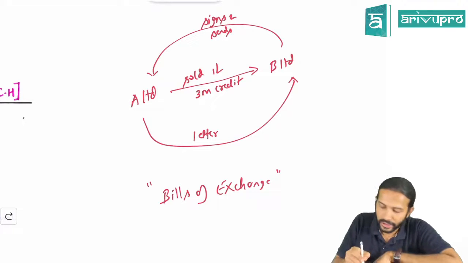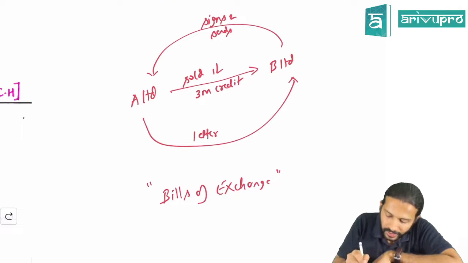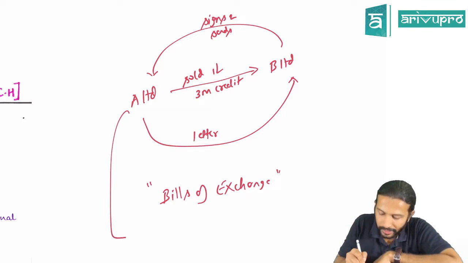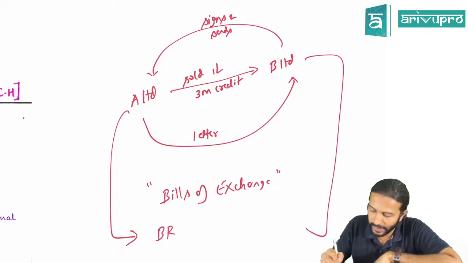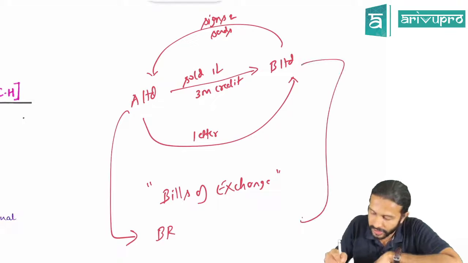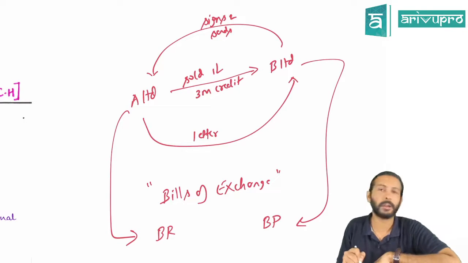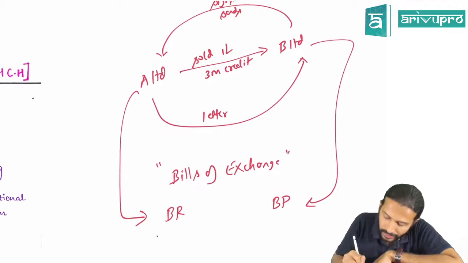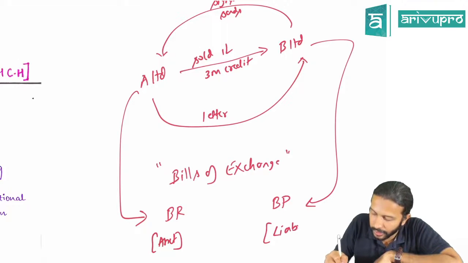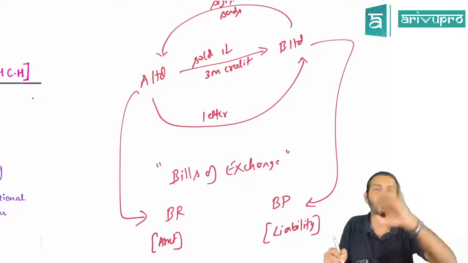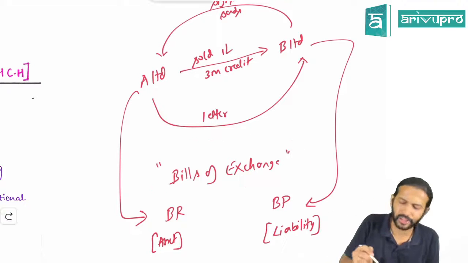For A Limited, that bill of exchange will be treated as a bill receivable. For B Limited, the bill of exchange will be treated as bill payable. So basically for A Limited it will become an asset, and for B Limited that letter will become a liability. That's all it is. So these are negotiable instruments.